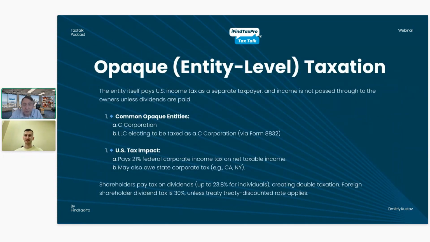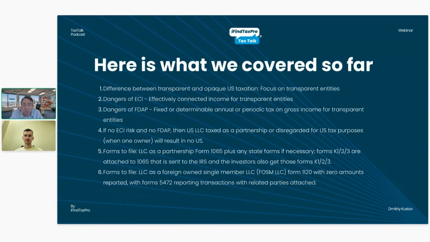All right, awesome. I also went through the summary here, and you did an excellent job. We looked at transparent and opaque entity. Transparent is when investors, the shareholders, pay tax, and opaque is when the entity pays tax, and then you get dividends distributed. We're going to look at it in a moment.